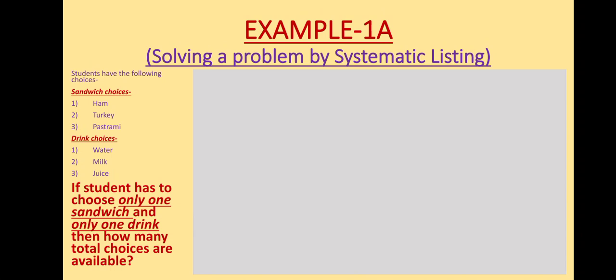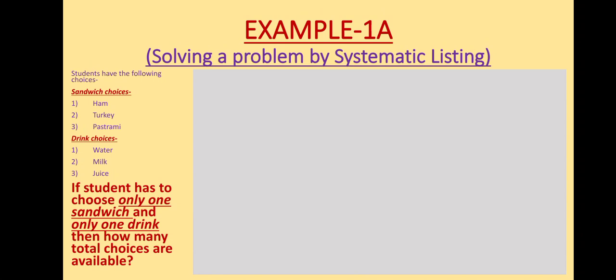Example 1a. Now here is a question. Students have the following choices. So there are some sandwich choices: ham, turkey, pastrami, and there are some drink choices like water, milk and juice.